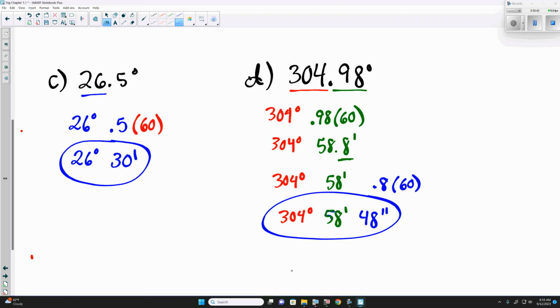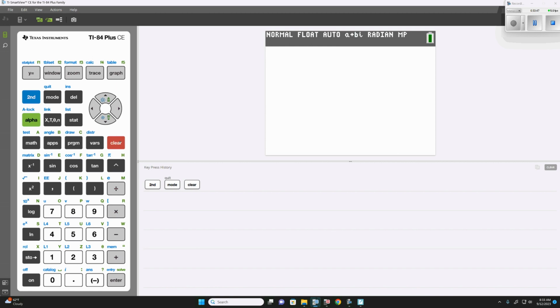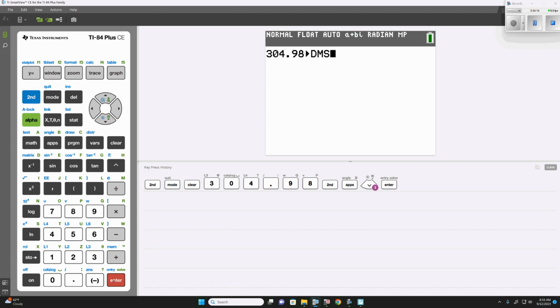Now, we can do this in the graphing calculator. Second, quit. Clear all that out. So we had 304.98. Now, if we go second apps, second angle, the fourth one down, DMS, degrees, minutes, seconds, and I hit enter, and one more time, 304 degrees, 58 minutes, 48 seconds.